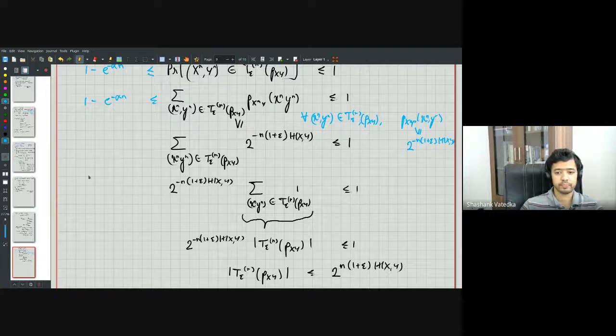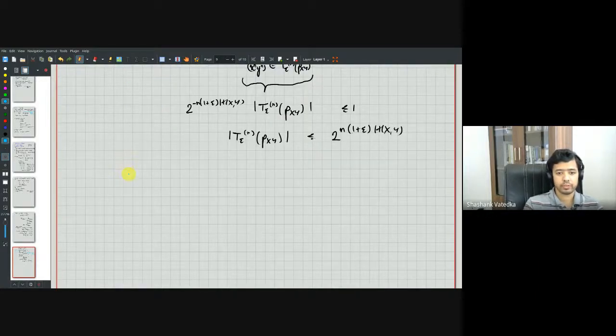So 1 minus e to the minus alpha times n is less than or equal to the summation over all x^n, y^n which is typical, of epsilon of the probability, which is less than or equal to 2 to the minus n times 1 minus epsilon times H of x comma y.